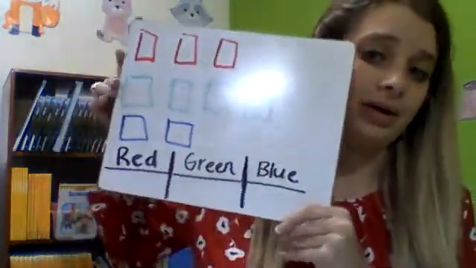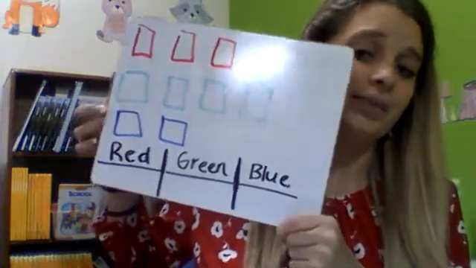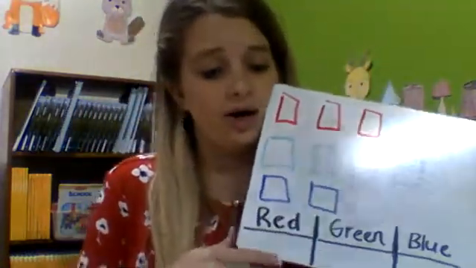Okay, so I'm going to make my columns now, okay? All right, so now what we need to do is we need to see how many red blocks there are, green blocks, and blue blocks. So, but we're going to do our tallies.